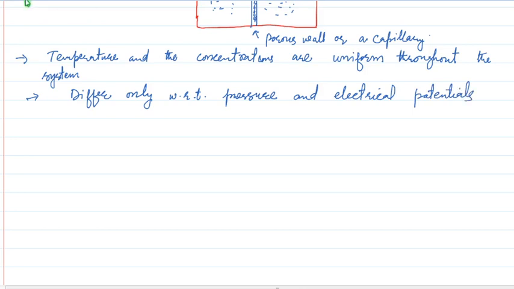This is very important. You have to remember these pointers: in these compartments pressure and electrical potentials can vary, but the temperature and concentrations are kept uniform.